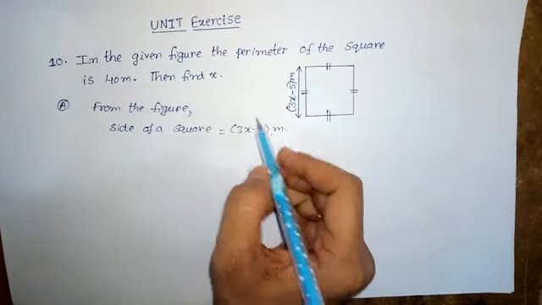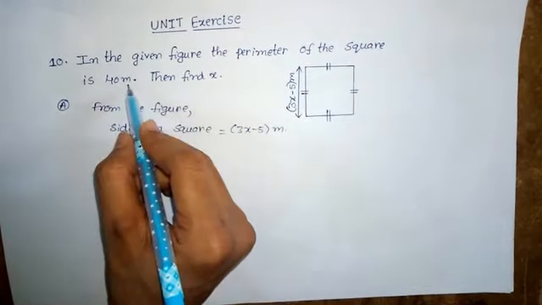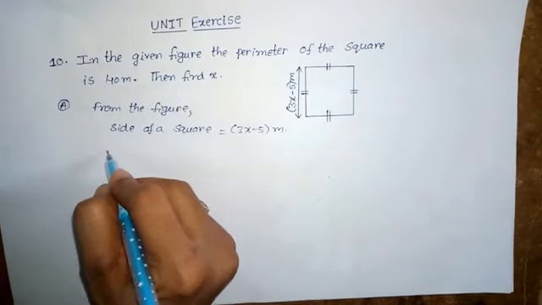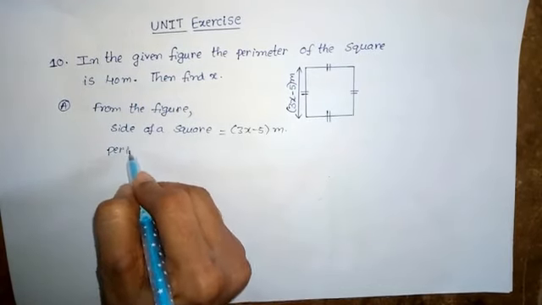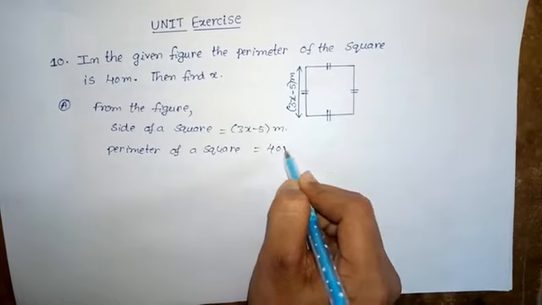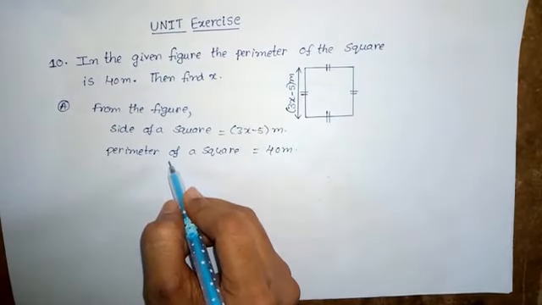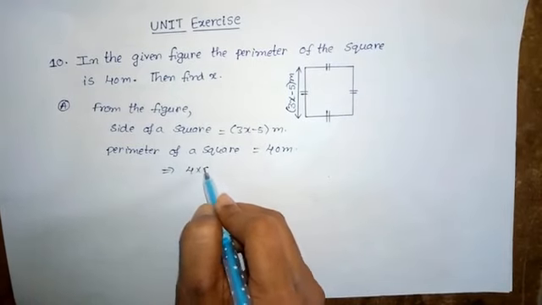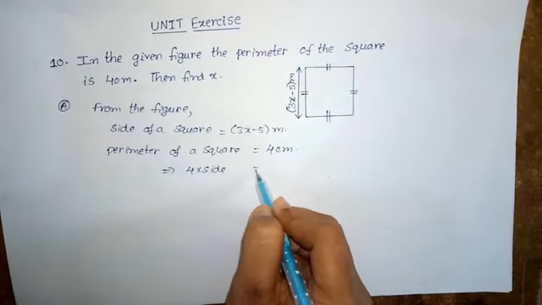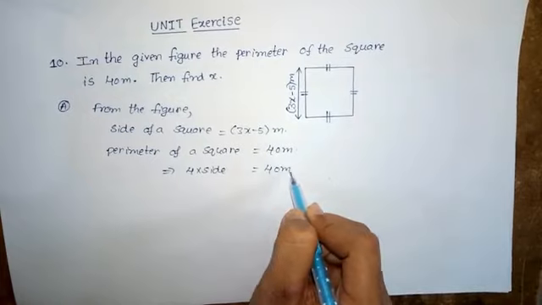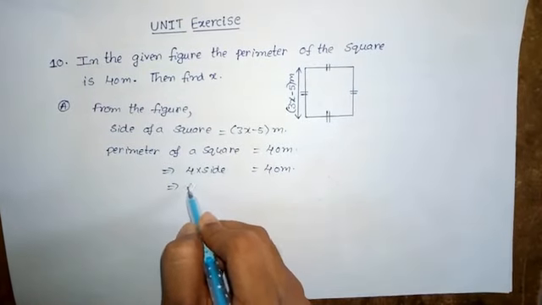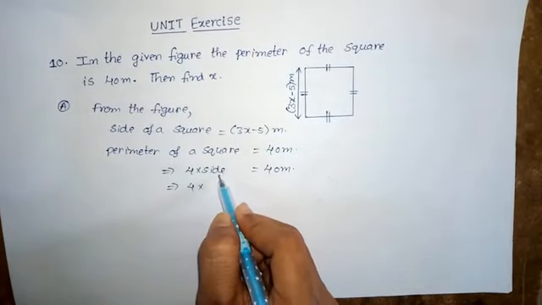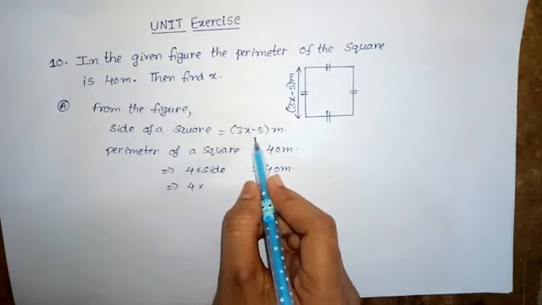So in the problem given, the perimeter of a square is 40 meters. So perimeter of a square is equal to 40 meters. Perimeter of a square formula, 4 into side, is equal to 40 meters. So 4 into, so in the problem, side of a square is given, 3x minus 5 meters.